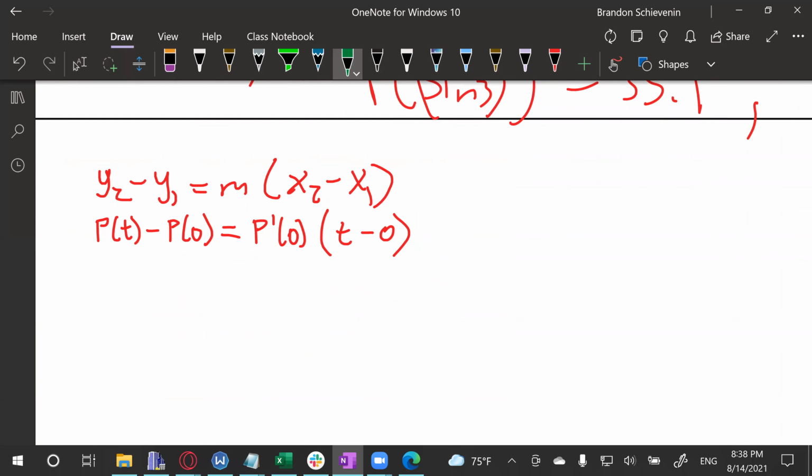Change colors. We were told P prime at t was equal to 1 minus 3 e to the negative 0.2 root t. So therefore, P prime at 0 is equal to what?